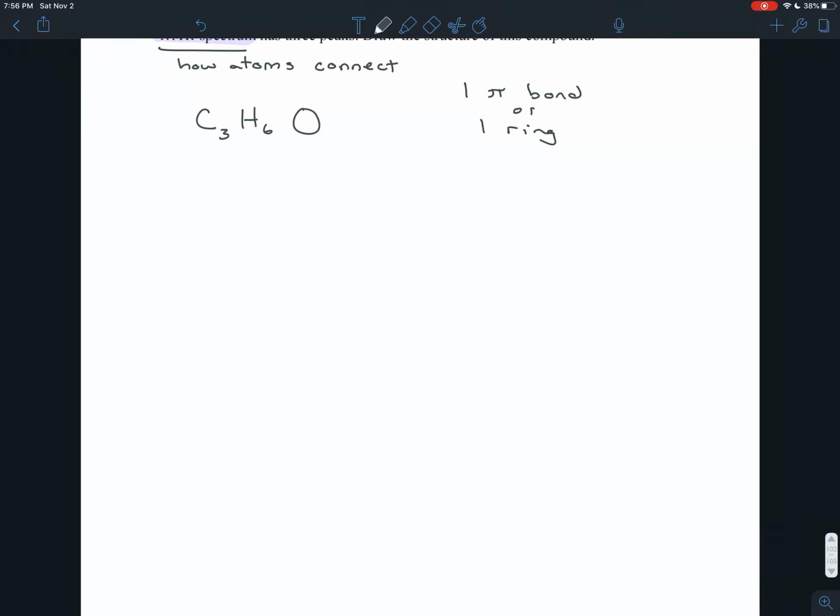So how can you tell those apart? Those are the functional groups. We can tell the difference between those using the IR spectrum. Now a ketone has a carbonyl with carbons on both sides. An aldehyde has a carbonyl with at least one hydrogen on one side. It could have a carbon on the other side.